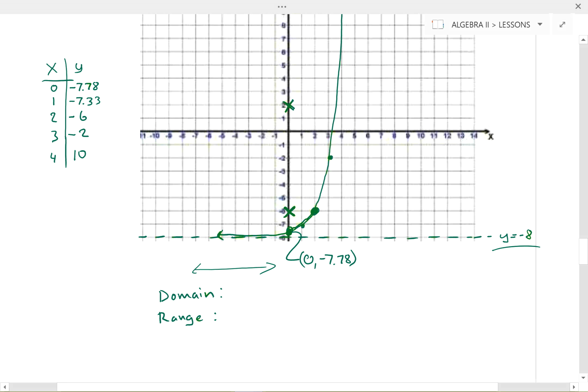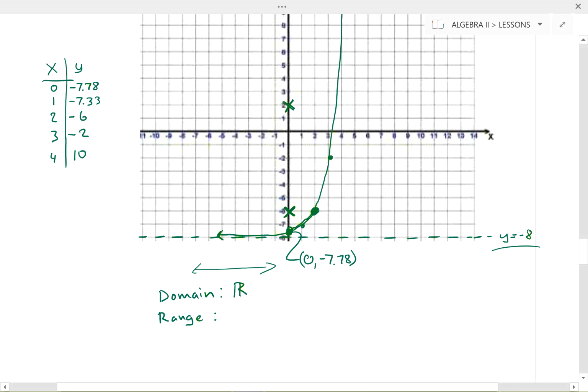So our domain is actually everything. In mathematics, we say all real numbers. And to signify that, it's an R that looks like the money symbol, but with an R instead of an S. That symbol right there means all real numbers. So that's what we're going to use to identify the domain of an exponential equation. What's interesting is all exponential equations have that as their domain.